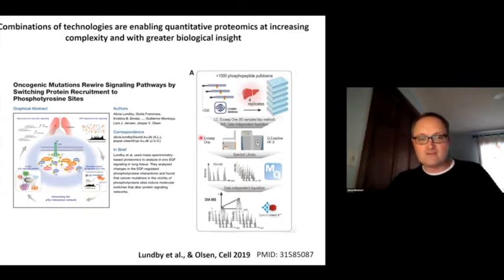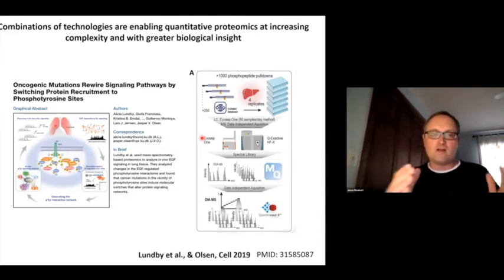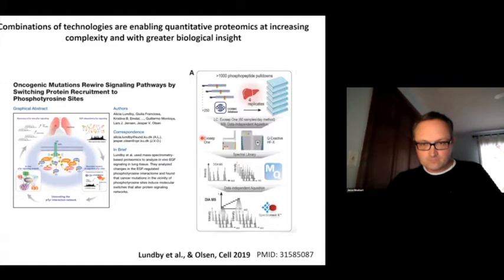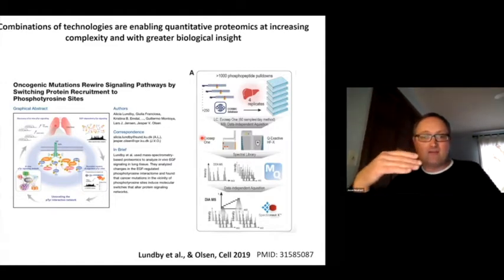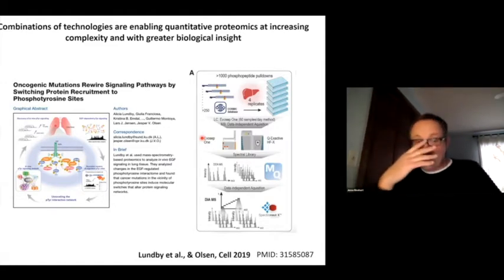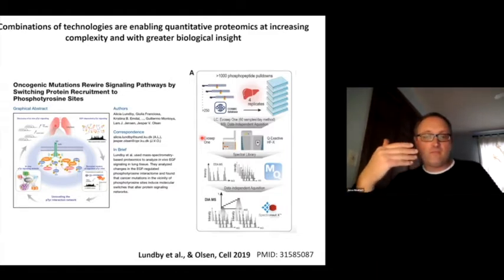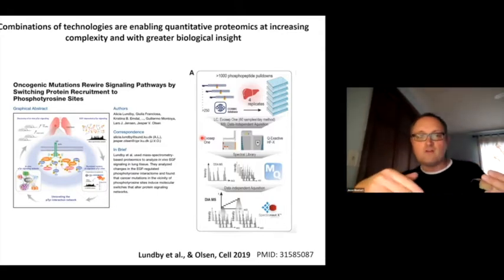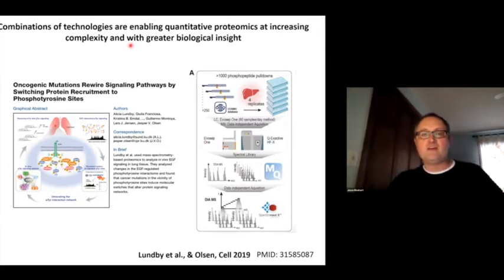In this study, they were looking at how these phosphotyrosine signaling pathways change depending on the environment of oncogenic mutations. So now, as I said in the last lecture, we're taking the increased sophistication in the mass spectrometers and the workflows, this combination of technologies, to start gleaning greater biological insight using quantitative proteomics. And this is just one of many, many examples.